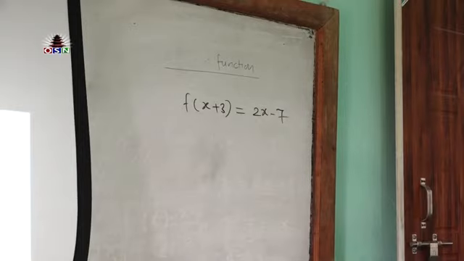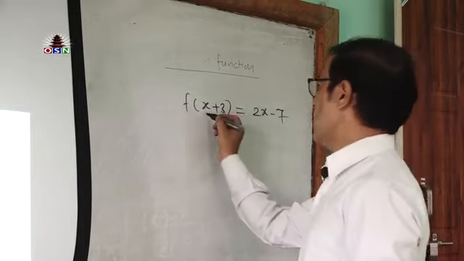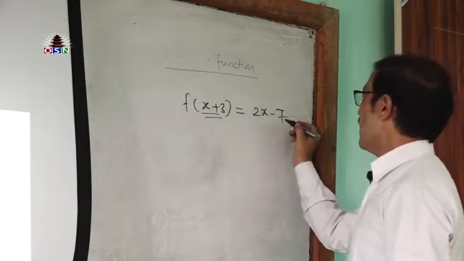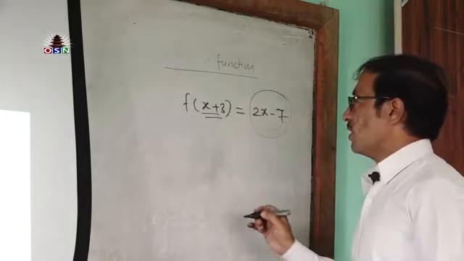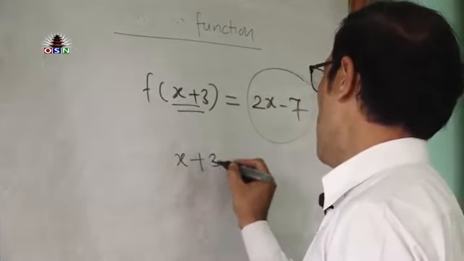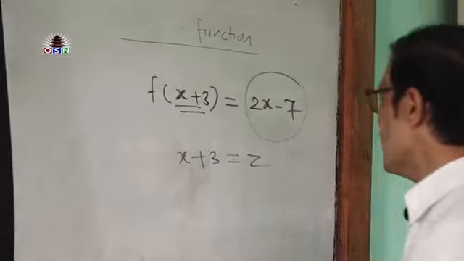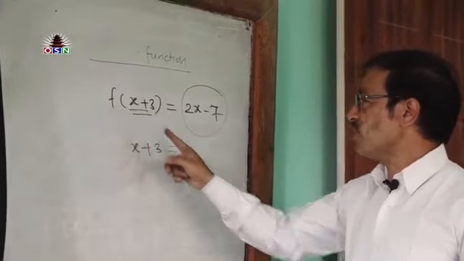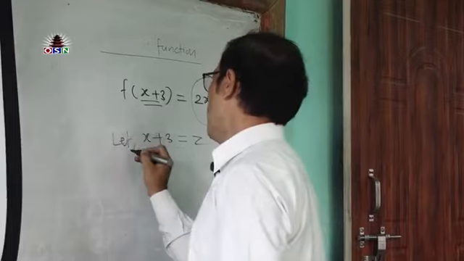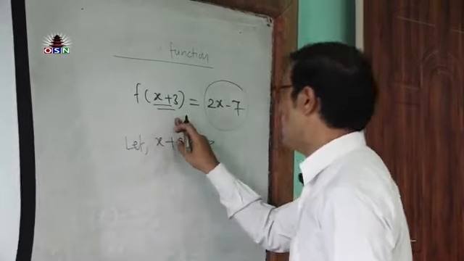Here you just look, this is input and this is input, and we can get output from here. But we have to suppose first x plus 3. x plus 3 is supposed as z, because for x plus 3 you can write z here. Just write what is the value of x plus 3? x plus 3 is equal to z.